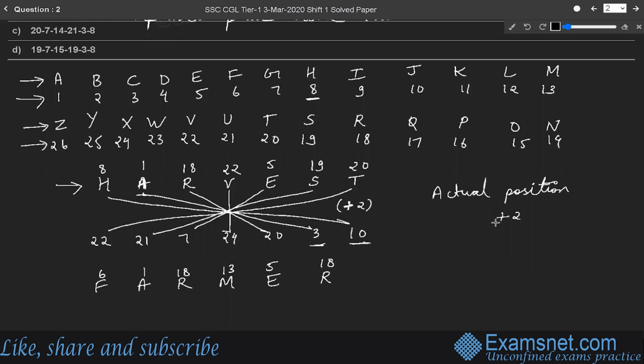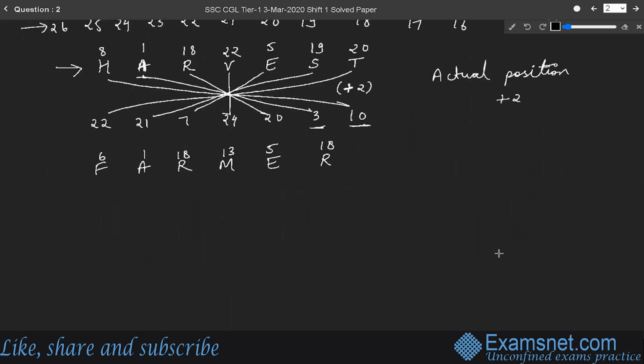So now we have to do plus 2 because that is the concept, adding plus 2 to the actual position. So for the first letter, F, the actual position is 6. 6 plus 2 is 8. And 8 will be written in the last term since H is connected to the last term. Again, 1 plus 2 will be 3.